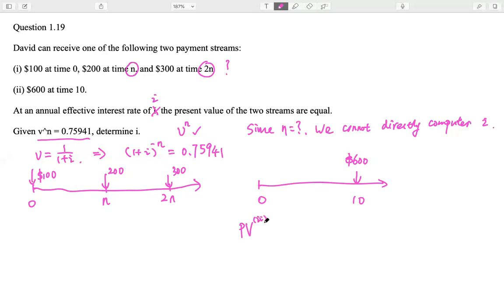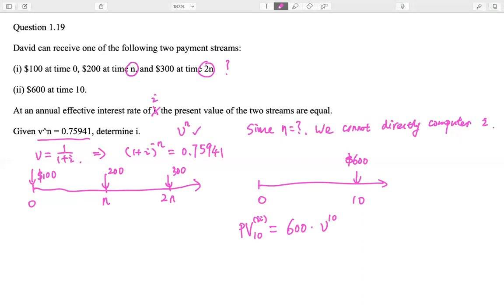So what is the present value? Let's put the second one first. My notation here, if I use the textbook notation, would be PV of 10. That means I'm going to convert $600 from time 10 to the present time 0. So what I do is take the amount times the discount factor raised to the number of years I'm trying to discount back.